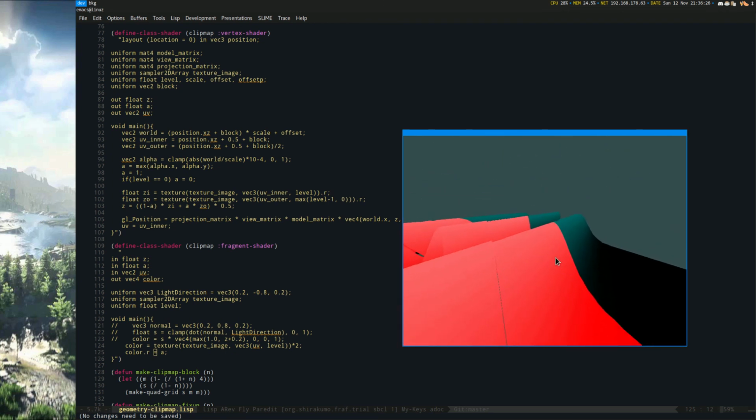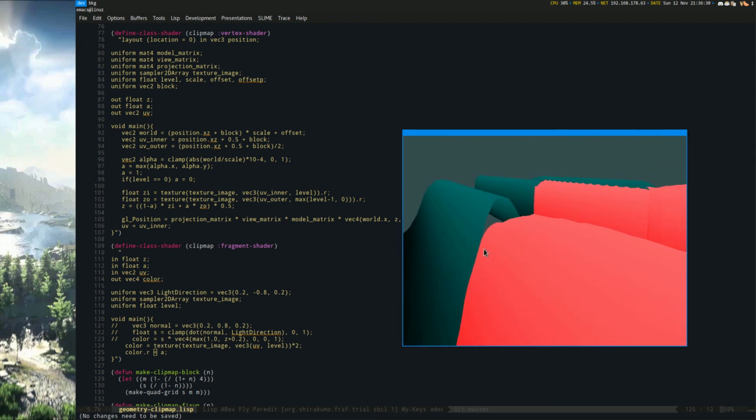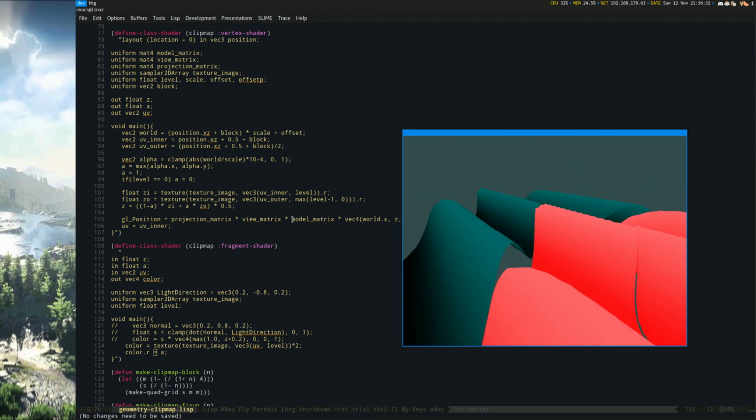It doesn't happen on the other side. What is this?